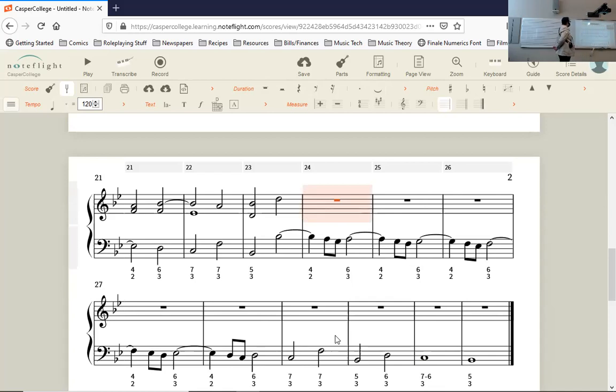For 2 above a B flat, so we need a C and we need a C flat. 6, 3 above an A: C and F, good.